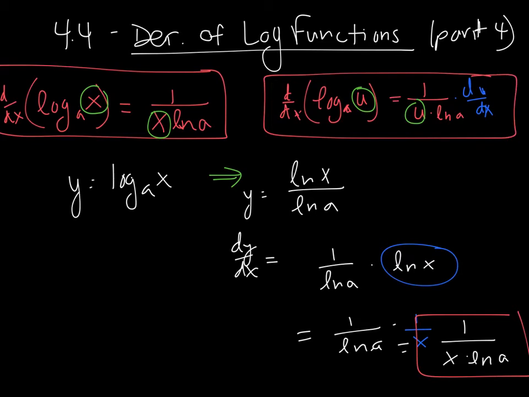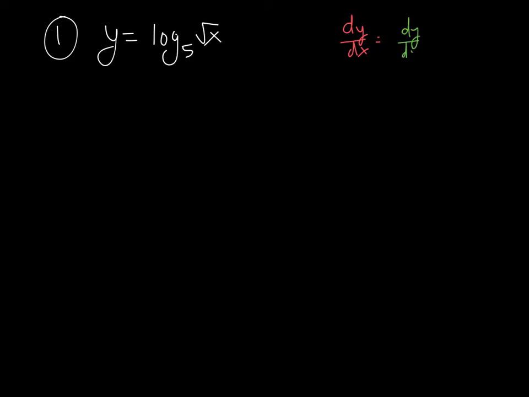I think I have 3 examples for you. So what happens when I have the function? Let's consider y equals log base 5 of radical x. So I'm going to write this out, my full chain rule. So dy dx is going to be dy du times du dx.